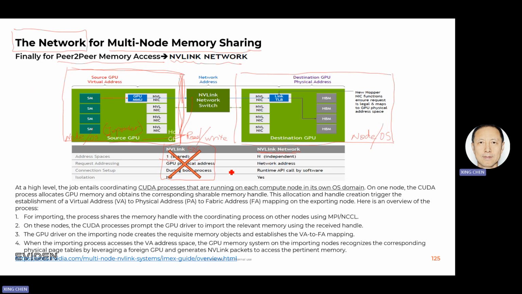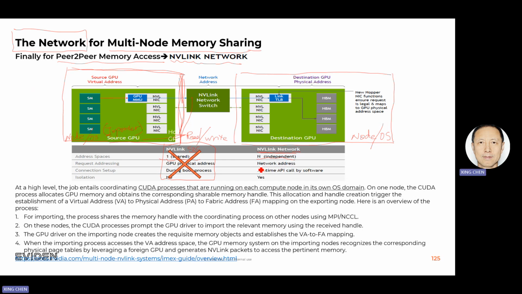Okay, we have a look at this NVLink network. The NVLink network connects multiple nodes, and each node has its own independent address space.